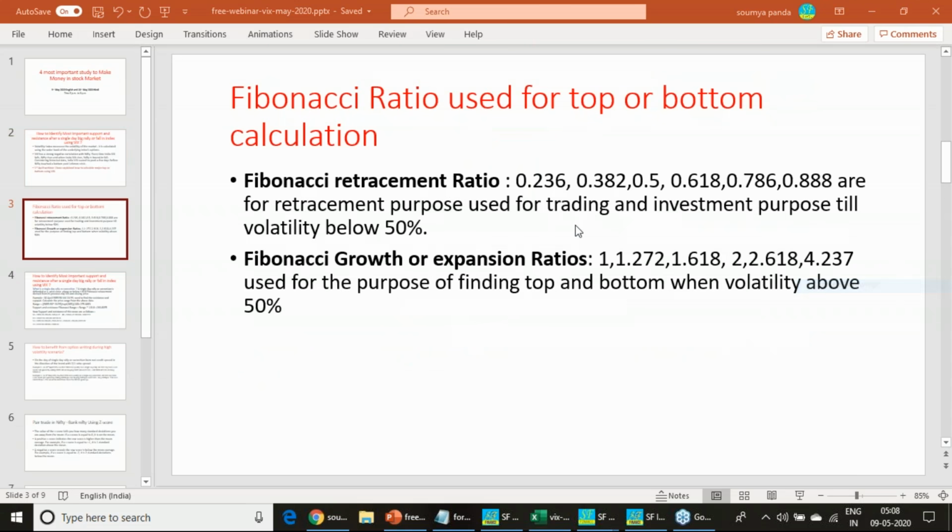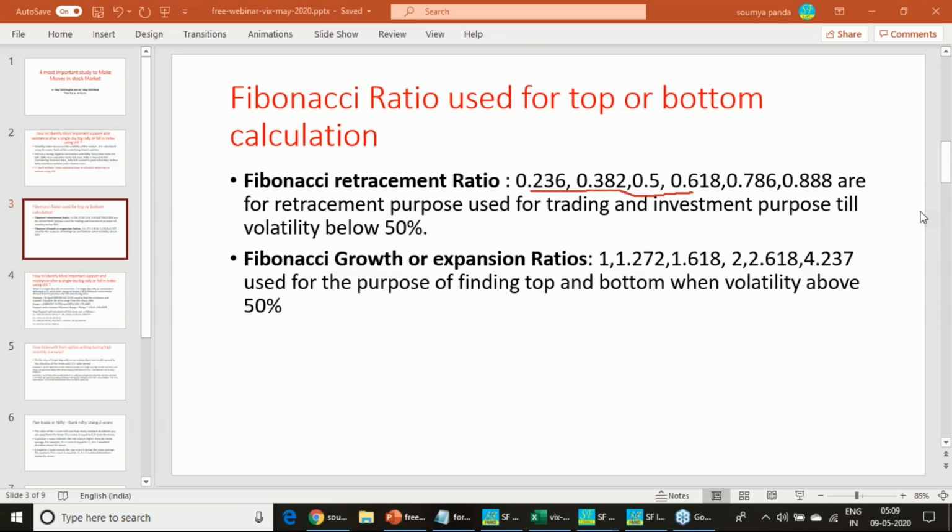And just to recall your memory, all these ratios 0.236, 0.382 till 0.888 and beyond that 1.236, those Fibonacci ratios are utilized for trading and investment purposes. But the higher Fibonacci ratios 1.272, 1.618, which are known as the inverse ratios, and 2.618, are utilized for finding out tops and bottoms, and these ratios are applicable when your VIX is above 50%.